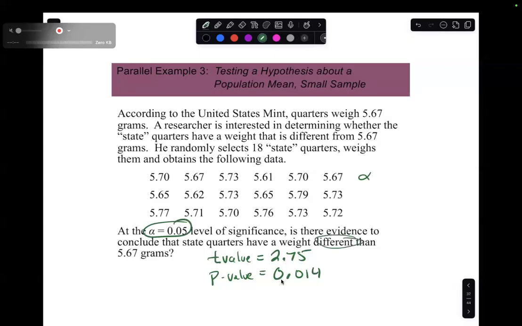So once again, my alpha is 0.05, but I'm going to do alpha divided by 2, 0.025. My n value, my sample size, is 18. So I'm going to get my critical value using the 0.025, and I'm going to use a degrees of freedom of 17. I'm going to subtract 1.